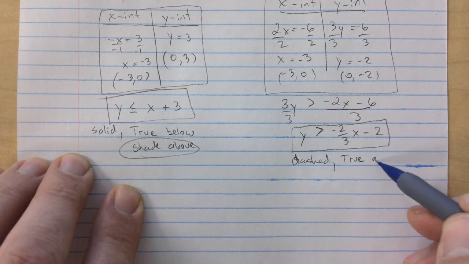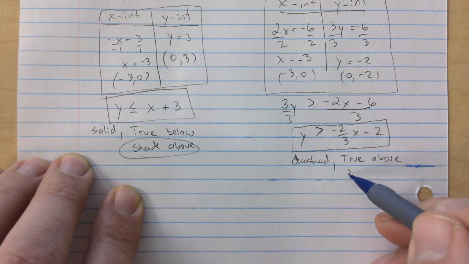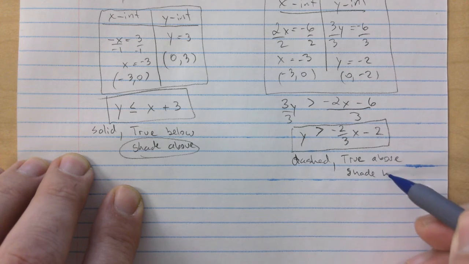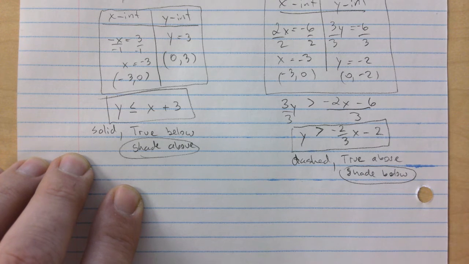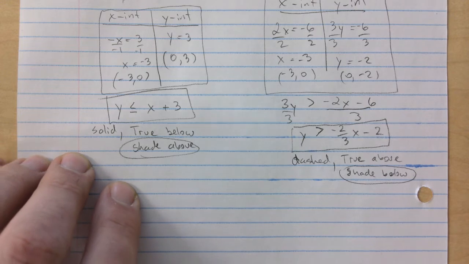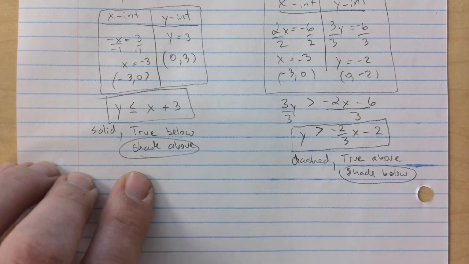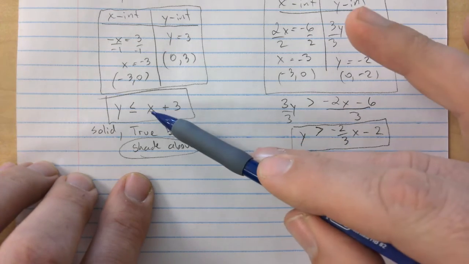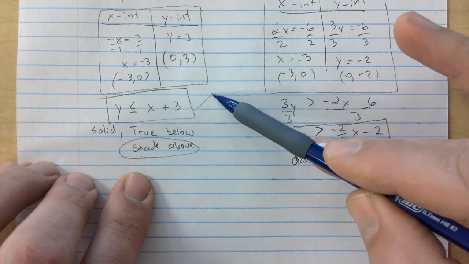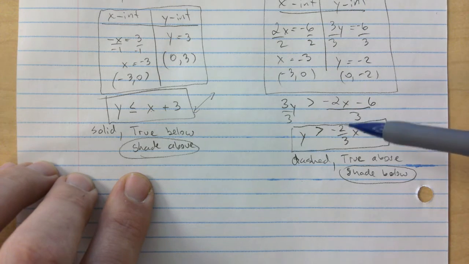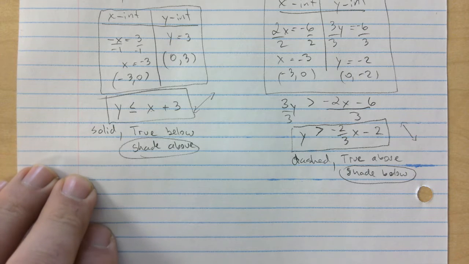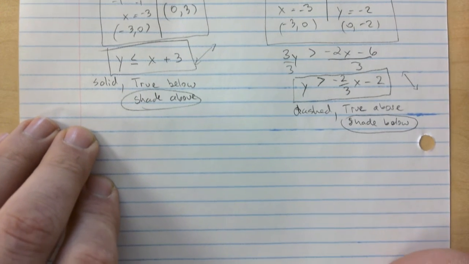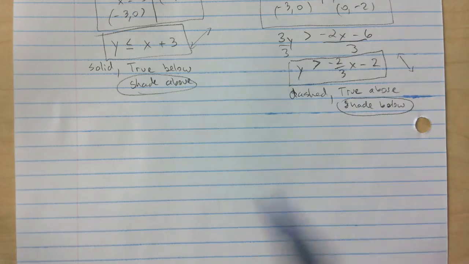So true is above, shade below. Notice this too. This one has a positive slope, so line would be going up. This one has a negative slope, so it's going to be a line going down. Okay? So just observations as you do this. And grid.